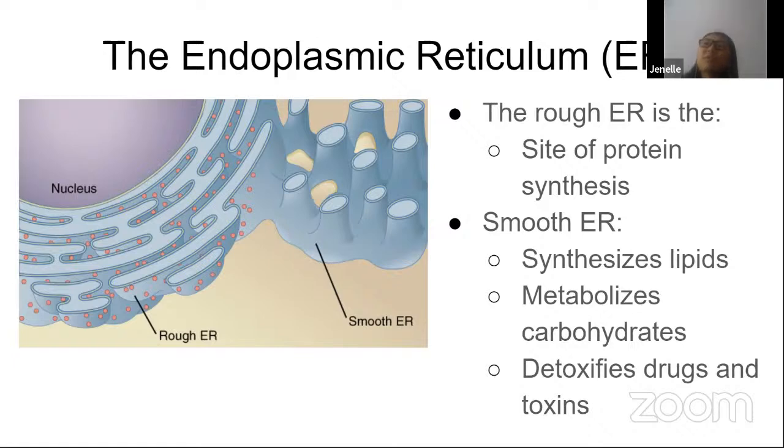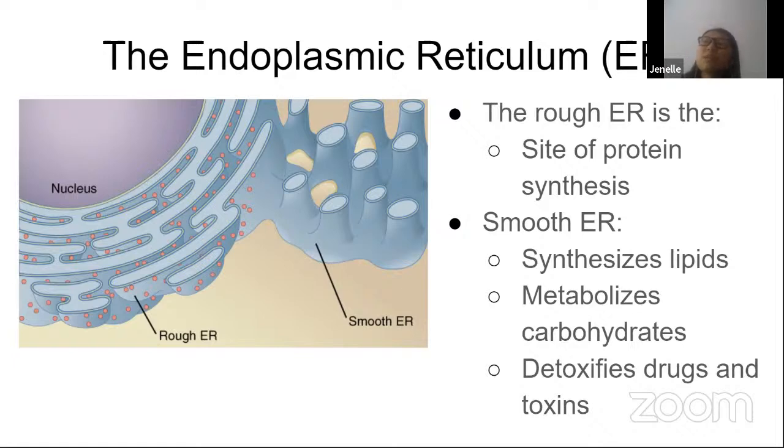The rough endoplasmic reticulum is identifiable because it has ribosomes attached, as you can see on the left-hand side. Under a microscope, this is how scientists distinguished between the two, because they saw this rough-looking aspect of the RER.